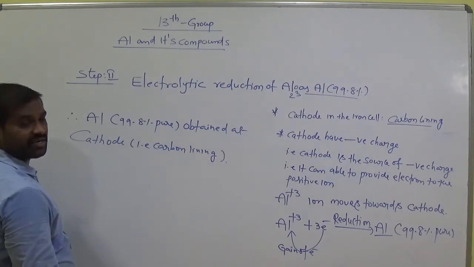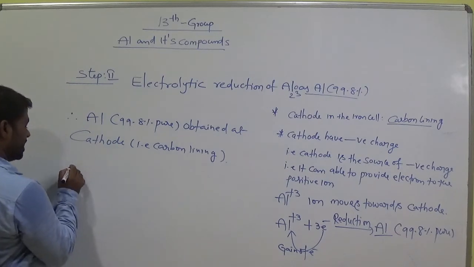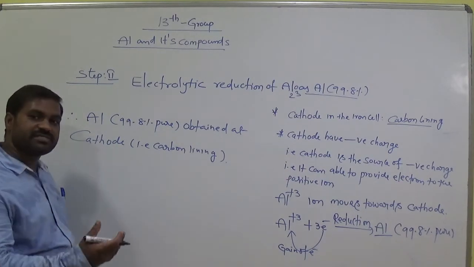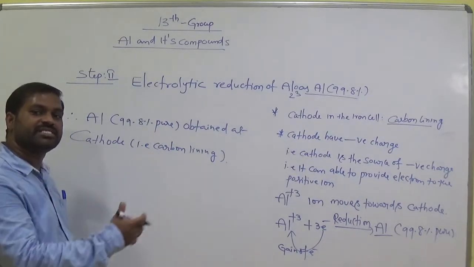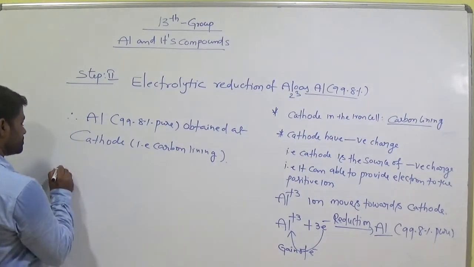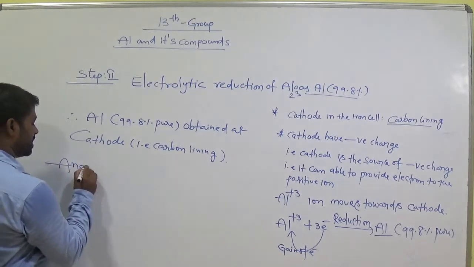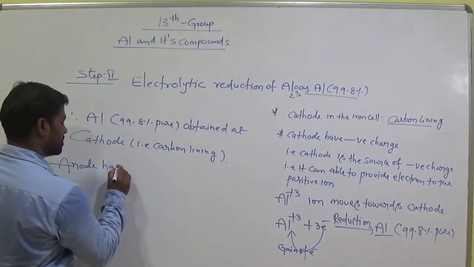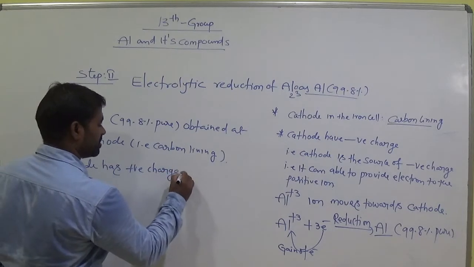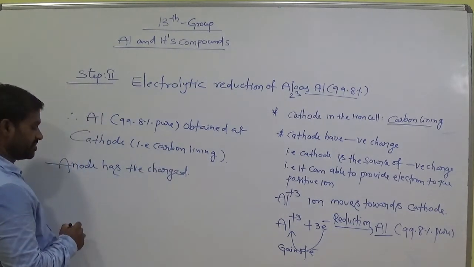F minus is there. F minus is negative, am I right? Negative species move towards the positive center. Where is it positive? Anode has a positive center. Note it down, anode has positive charge.